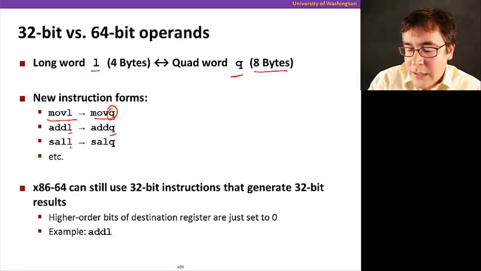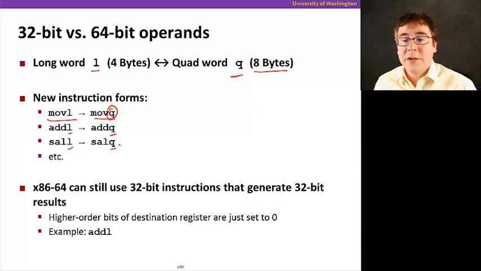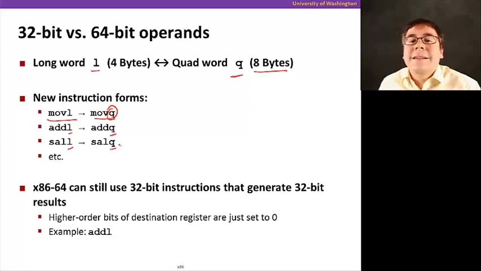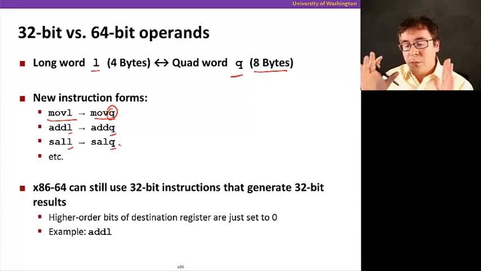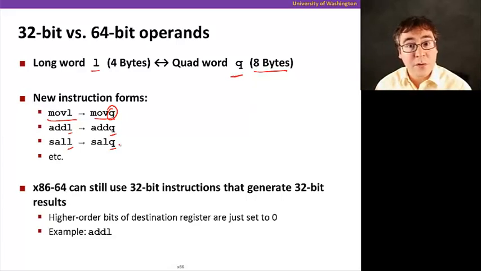Now we have addq, and then shiftl, which has shiftq, and so on. Also note that x86-64 can use all of the 32-bit instructions that generate 32-bit results. And like I showed in the previous slide, we can reference the low order 32 bits of some 64-bit registers with the same name as we use in the 32-bit ISA. The high order 32 bits are set to 0.